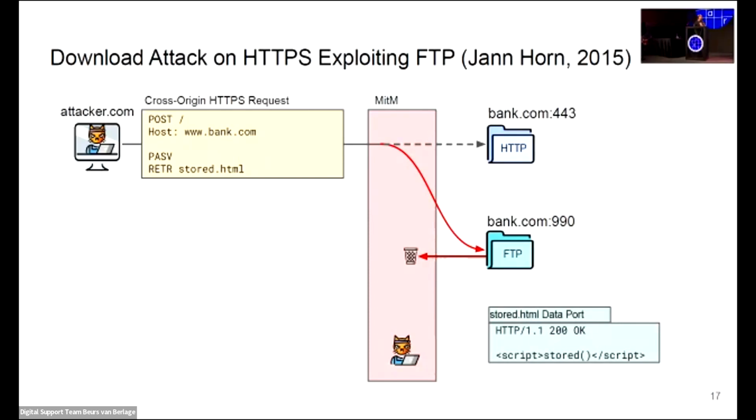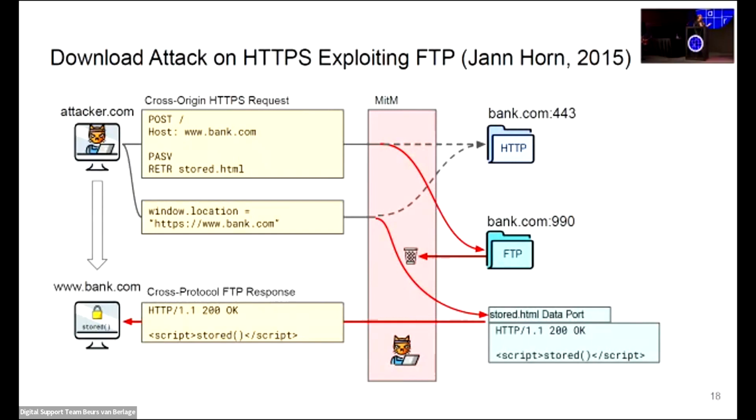And on this data port, a second request caused by changing the URL in the location bar will actually download this response. So in this case, the attacker can prepare a completely valid HTTP response, and there's no protocol noise, and this will always work. And in this case, also the attacker gets to impersonate the bank completely.